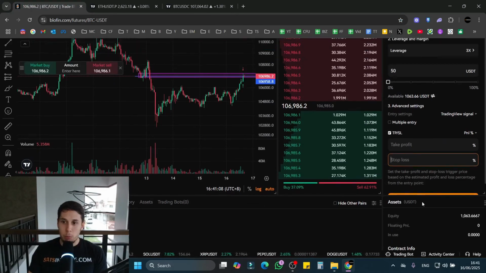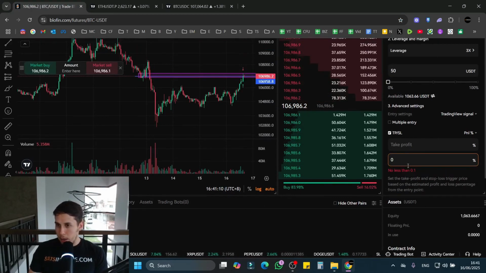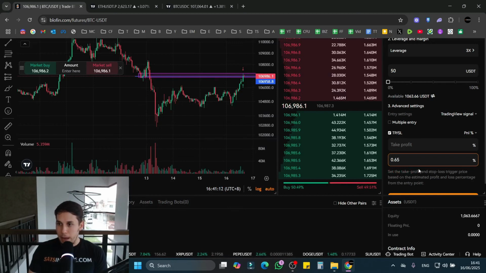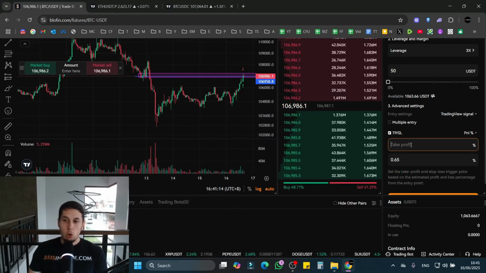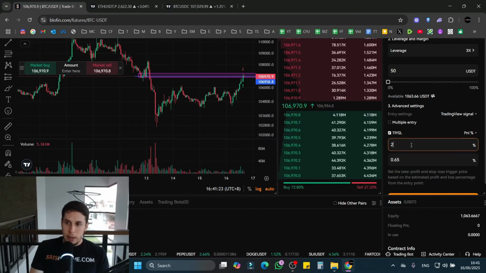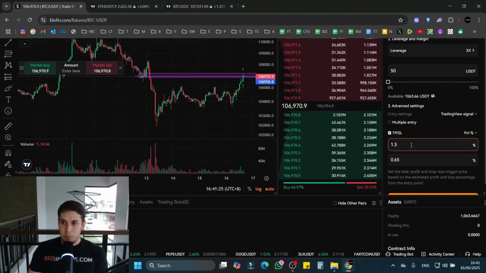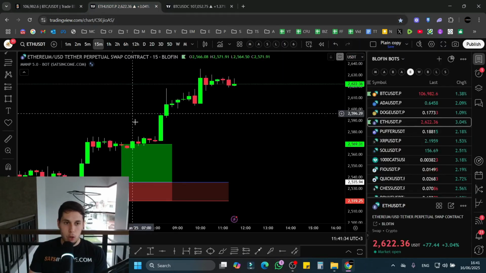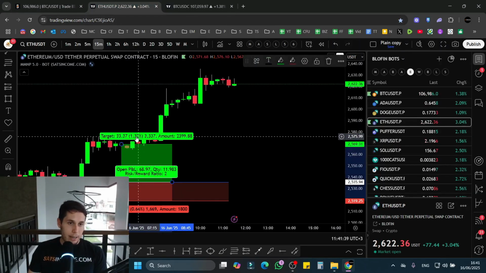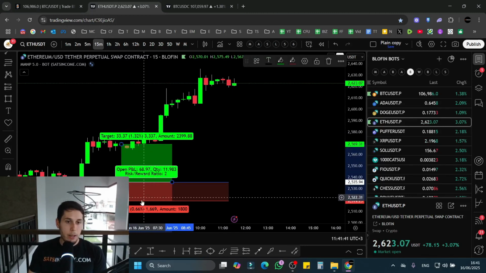So if we go back to BloFin, 0.65% stop loss. So 2-to-1 reward to risk, it's gonna be 1.3. So 1.3 percent take profit, right? 0.65 stop loss. So this is how it looks in real life. 1.3 take profit, 0.65 stop loss.